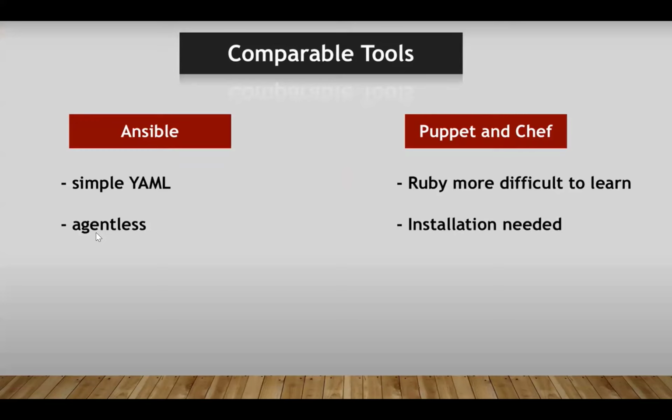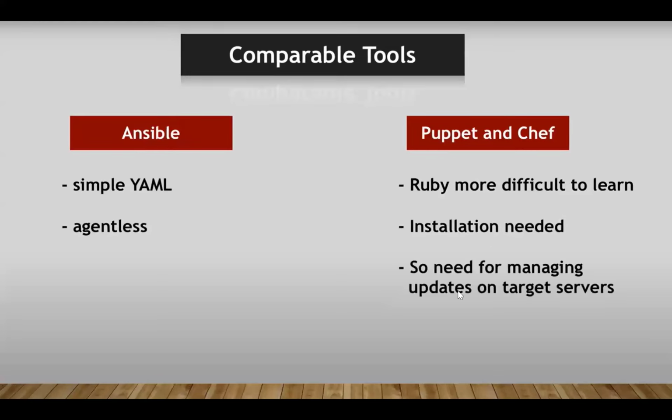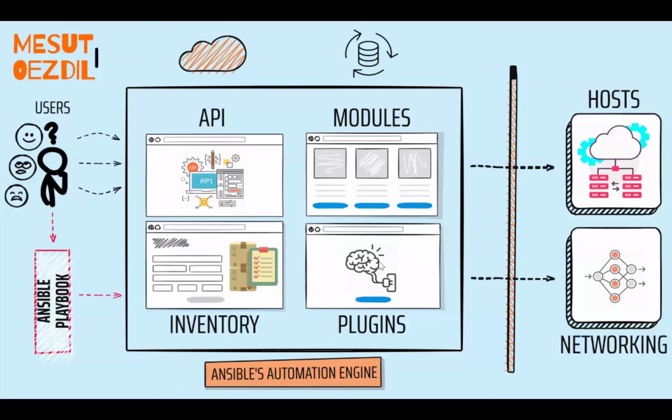It means you only need a master server. You don't have to install Ansible on the rest of the worker servers. But here you have to install Chef and Puppet on worker servers as well. Then only it will work. So you need to manage and update the targeted servers. Since it is installed on all servers, worker and master, you need to manage all those servers. And with Ansible you don't have to do that.